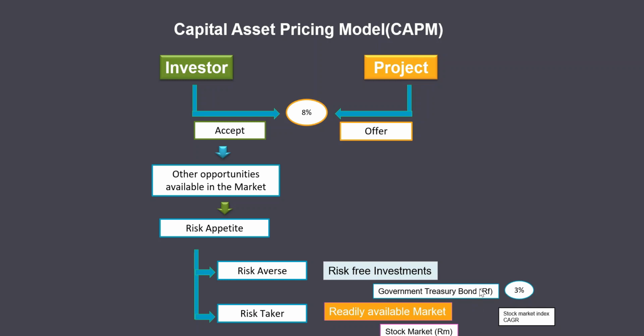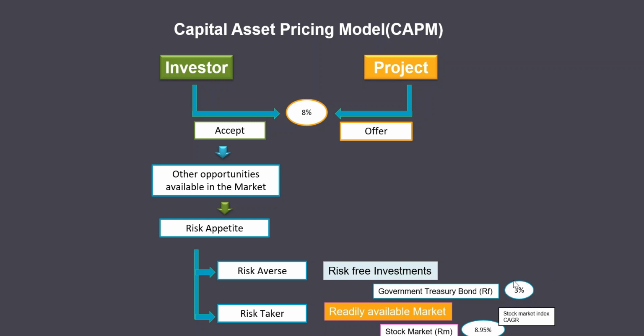So based on my analysis, I got 8.95% as the stock market return. Now let's see, based on this information, how we can identify the required rate of return by an equity shareholder.